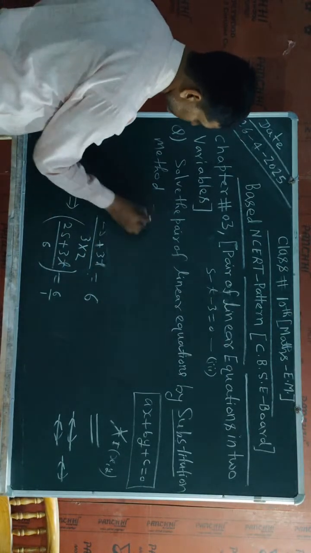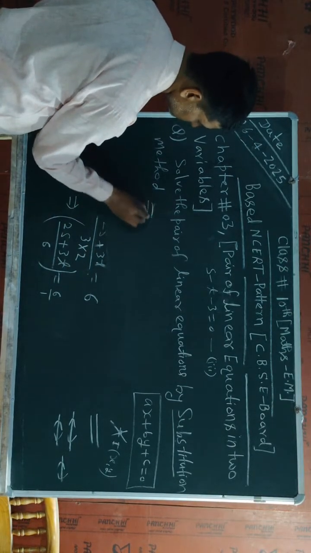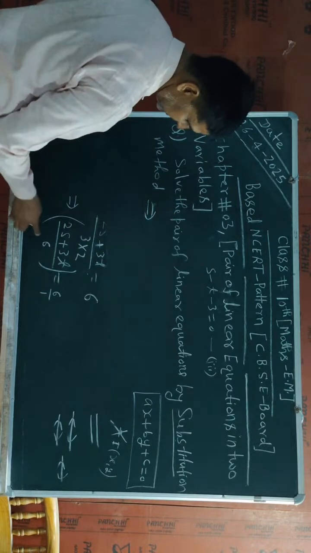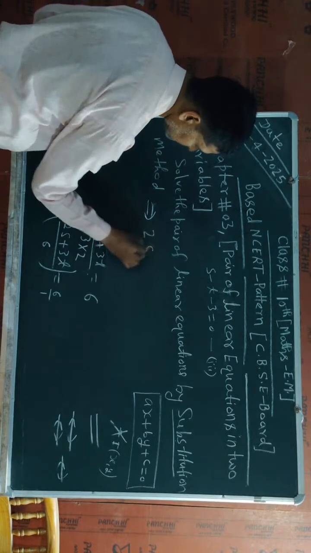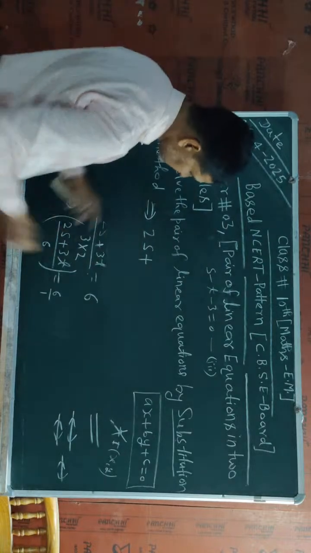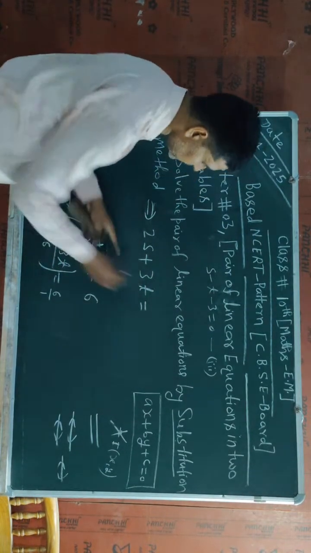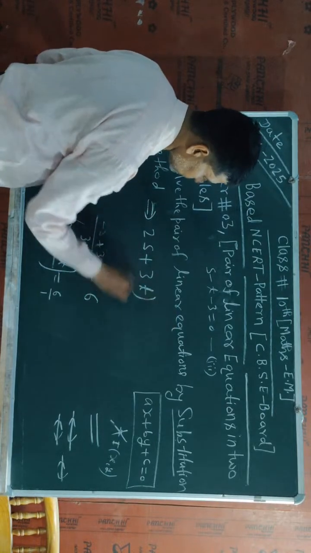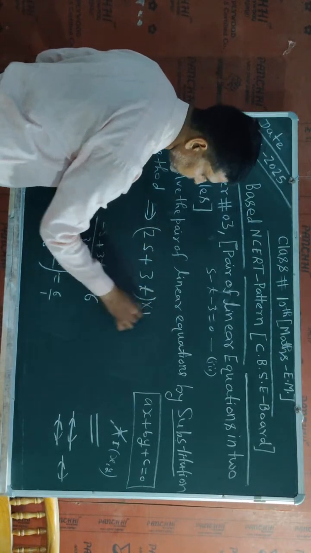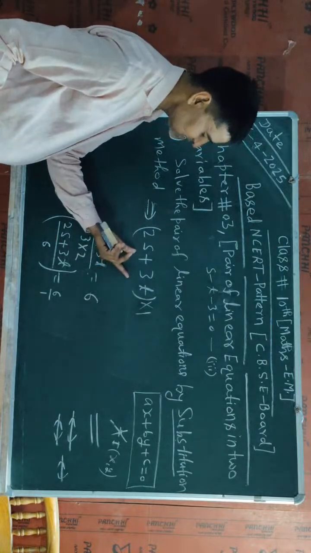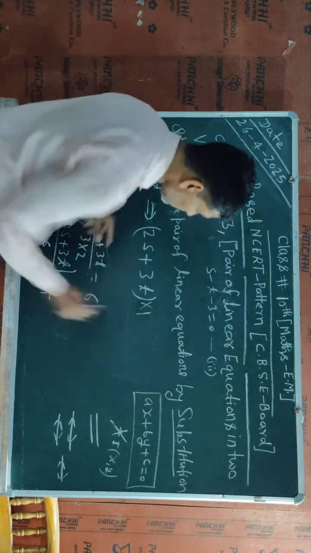So after simplifying, I will write 2s plus 3t, which is equal to, if I multiply with 1, I will get the same quantity.